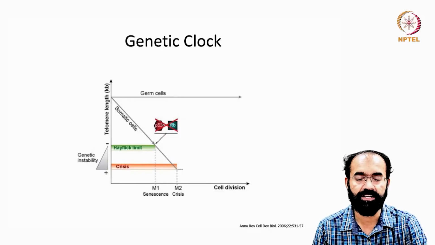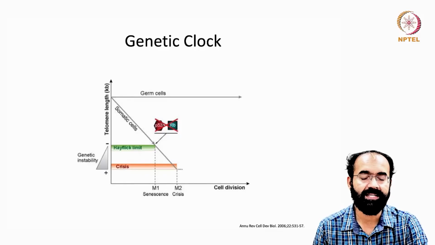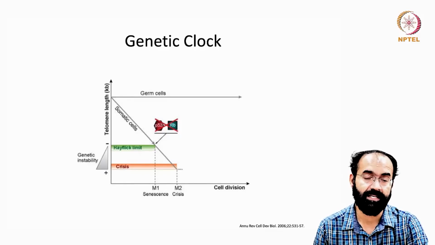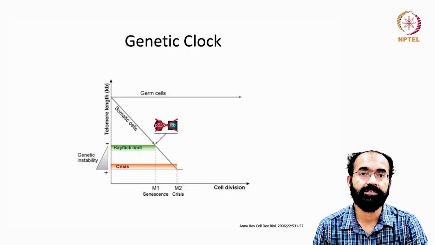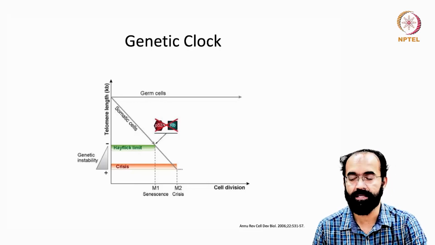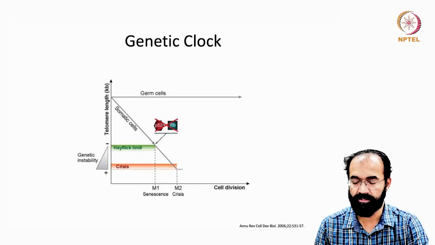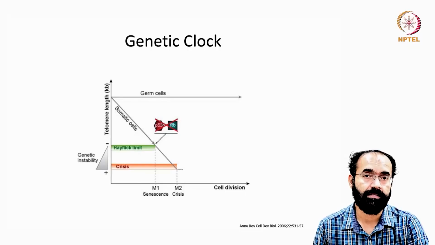And then division continues with lots of difficulty, and it reaches an M2 phase, that is called the crisis phase. In the crisis phase, you end up having genetic instability. Once it reaches genetic instability, that is a real alarm bell, because genetic instability means cells are having problems and cells will struggle and it will have real trauma present in the genome.